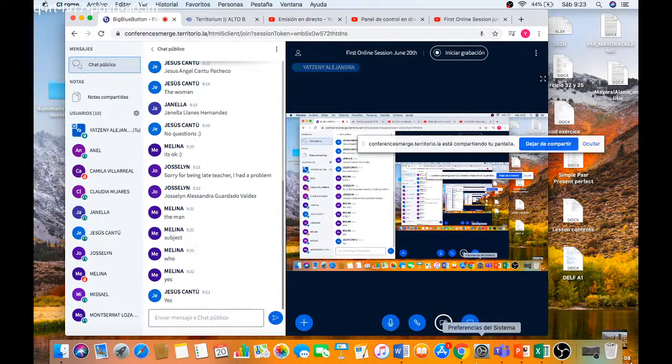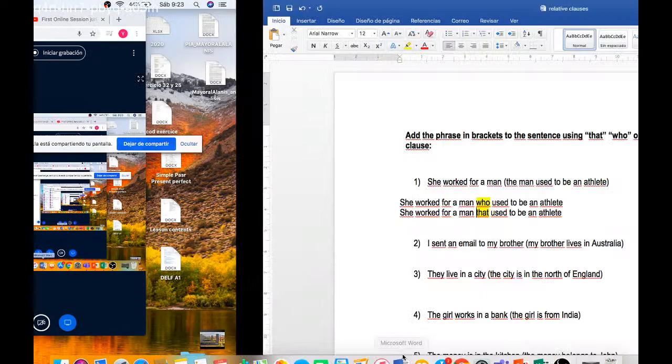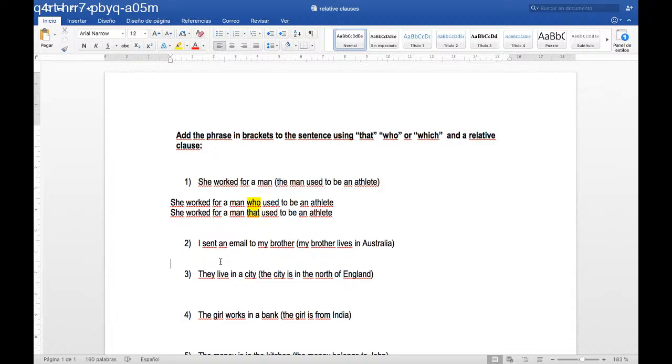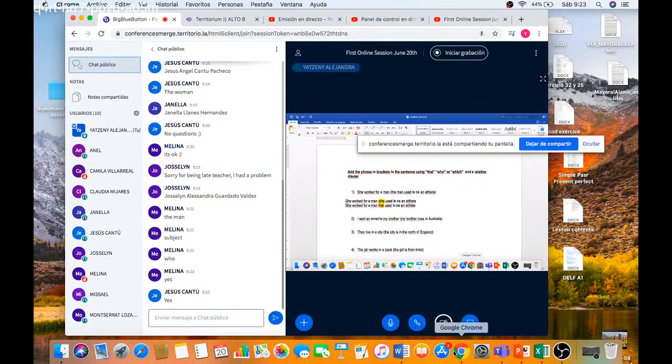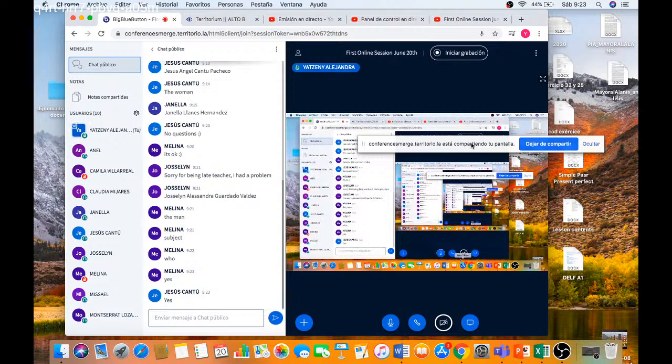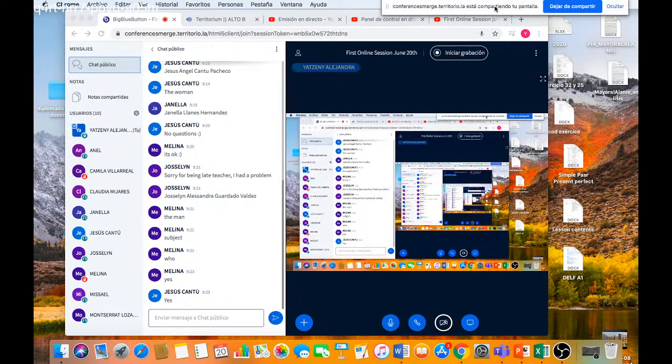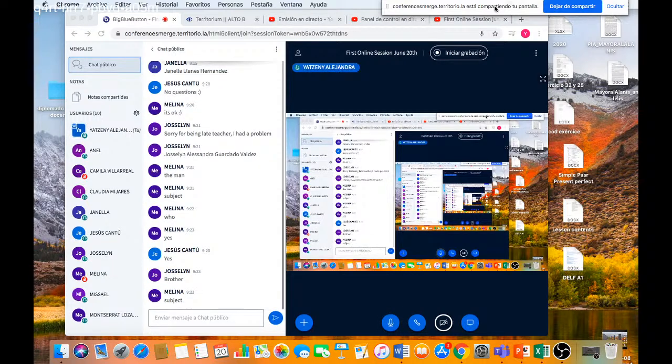Perfect. Okay. Number 2. It says, I sent an email to my brother and my brother lives in Australia, which is the element that is repeated in my sentence. Which is the element that I am trying to avoid repeating in sentence number 2. Brother, perfect, and brother is a subject. So I can use who or I can use that, right?